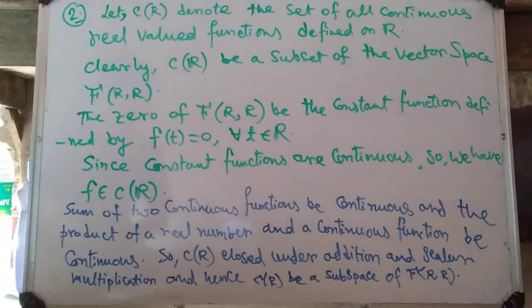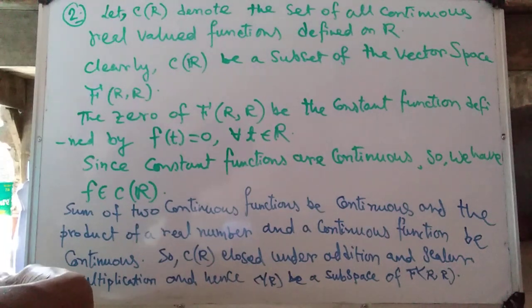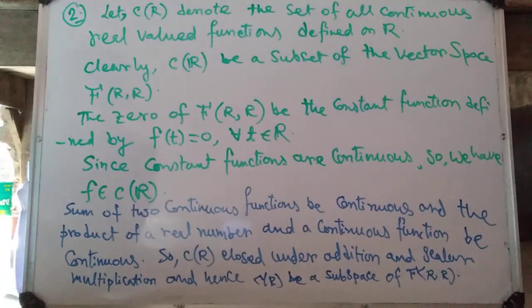So we also discuss this one too easily. I think all understand this easy problem, which says the set of all continuous, real valued continuous functions defined on R is obviously a subspace of the set of all functions from R to R. And obviously the set of all polynomials of degree n is a subspace of the set of all polynomials.